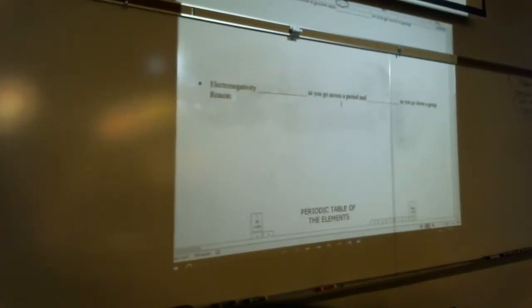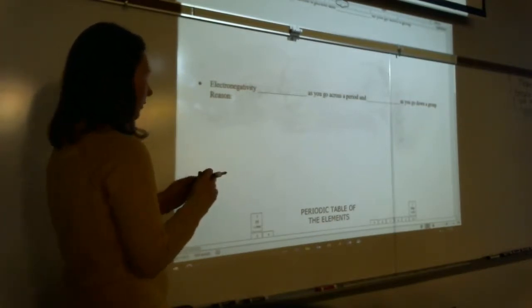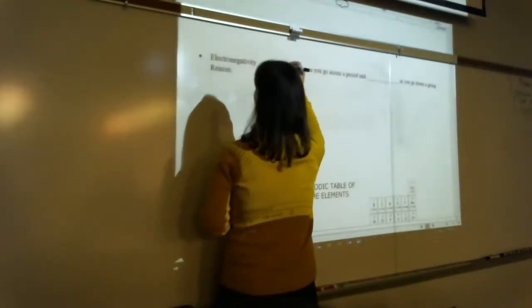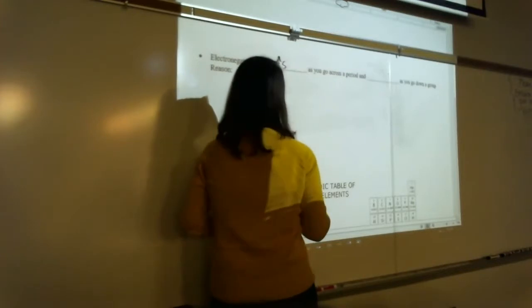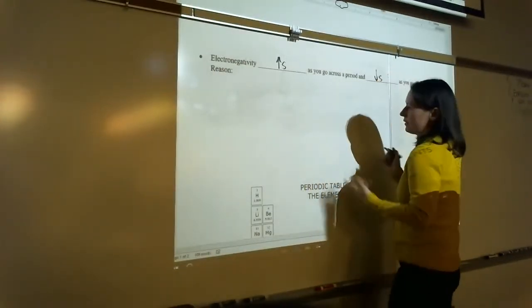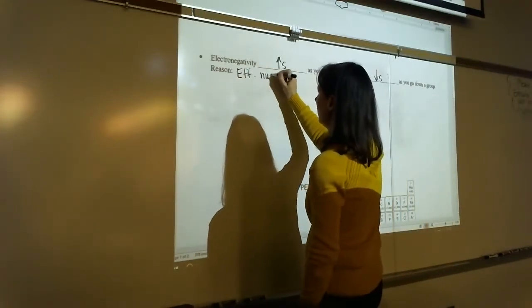All right, you actually already know electronegativity, and we've talked about that one quite recently. What happens to electronegativity as you go across a period? It increases. And down a group, it decreases. And this is the same reason. It's effective nuclear charge as well.